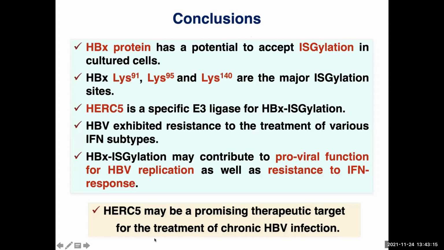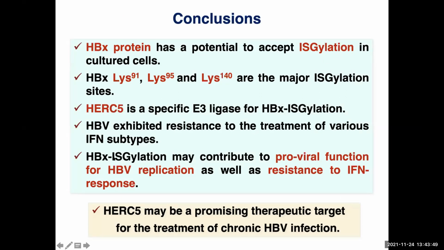Okay, taken together, we concluded that HBx protein can accept ISGylation at lysine 91, 95, and lysine 140 of HBx protein. And HERC5 is a specific E3 ligase for HBx ISGylation. HBV exhibited resistance to the treatment of type 1 and type 3 interferons.